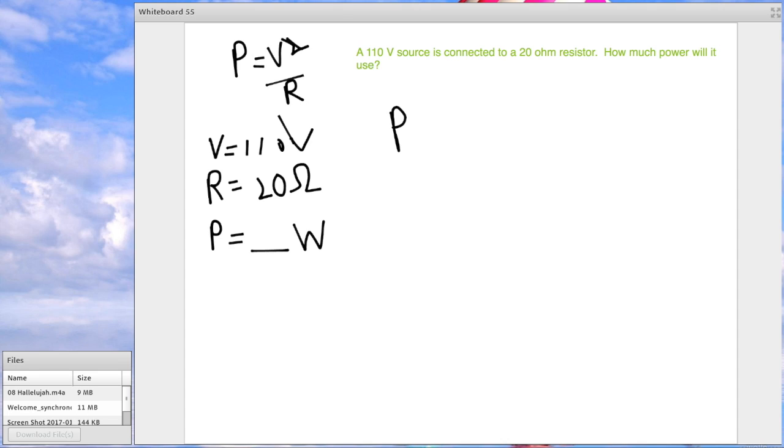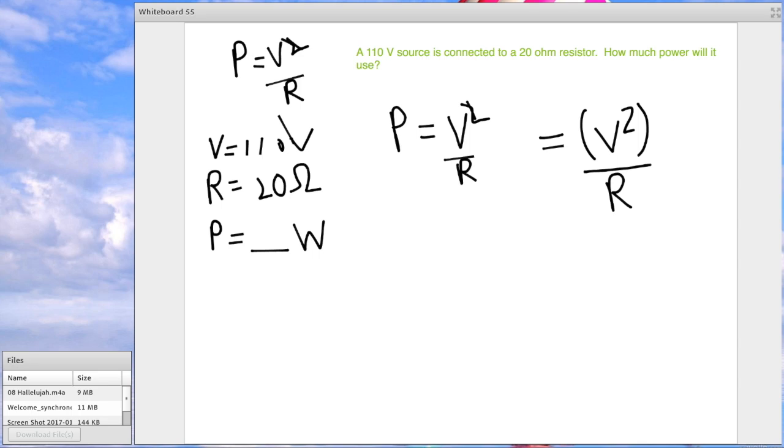Okay, so to solve this problem, we have to do P equals V squared over R. Now when I type this in the calculator, I'm going to have to type it in like this. If I do not, I will not get the right answer. I would probably do that too, just to be safe, because I'm really particular.